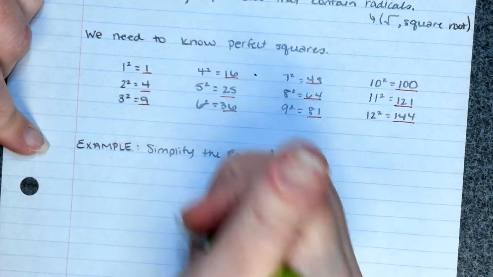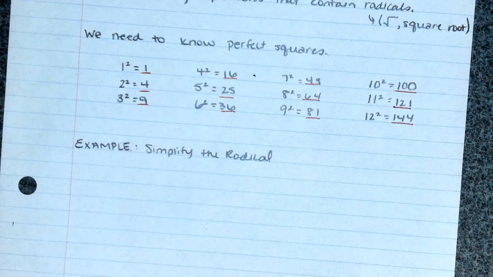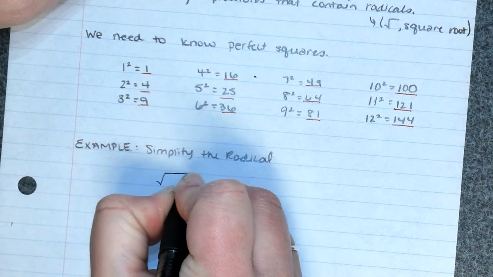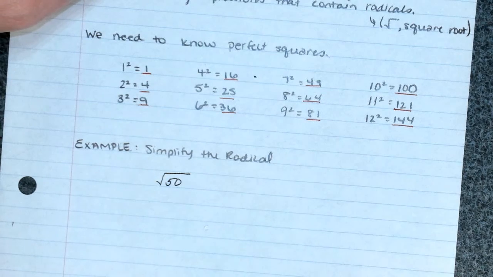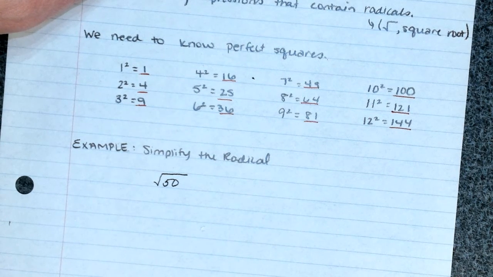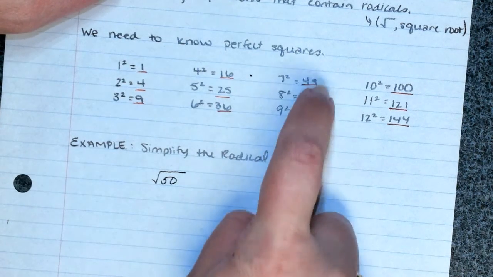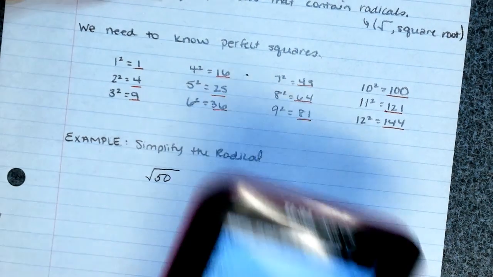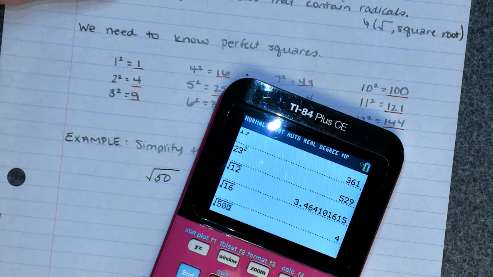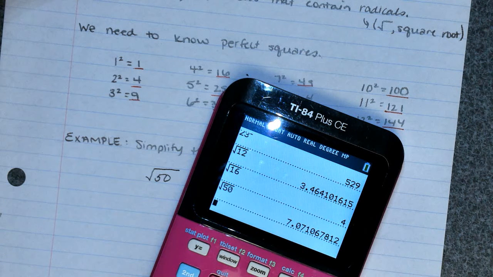So the first one that we're going to do is the square root of 50. And I can see that 50 is not on my list. It falls between the 49 and the 64. So if I were to try to put that in my calculator, it's going to give me that it's 7.07106.